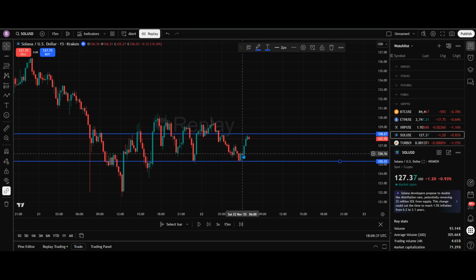But as you can see, price is behaving pretty much to the example that I just showed you. It hits the resistance and it retraces back down to the support, and then it pulls back up to the resistance, right?